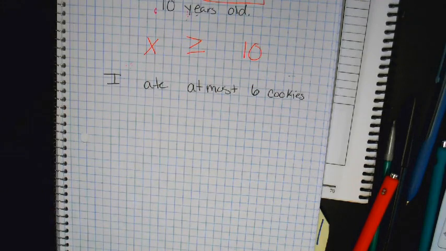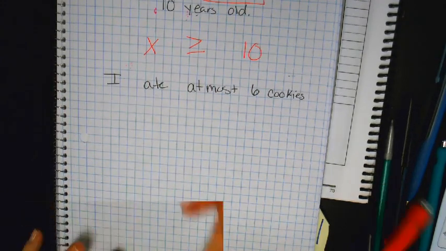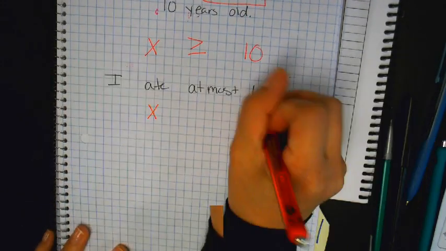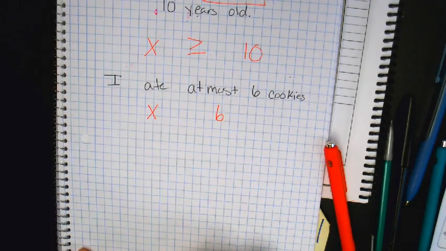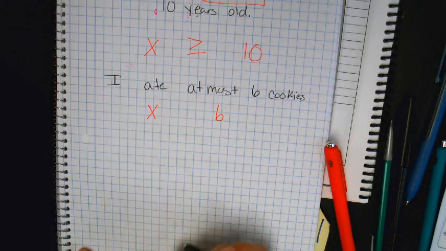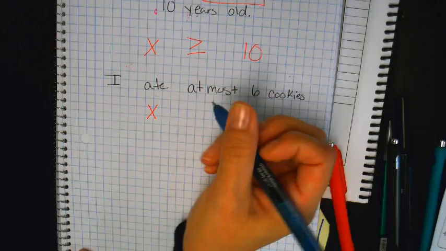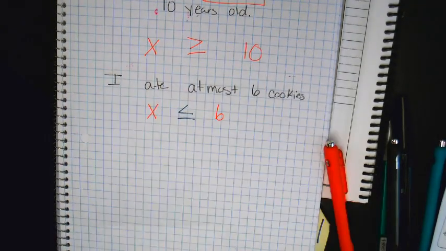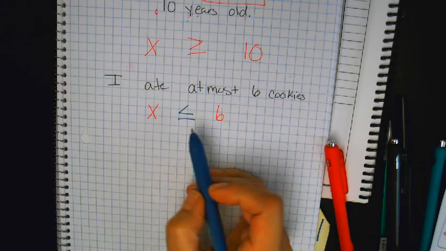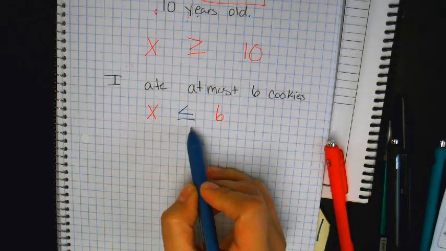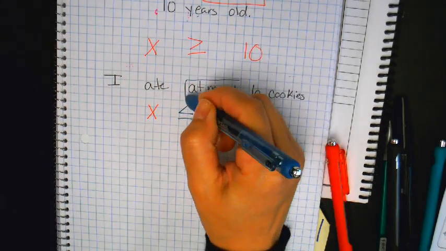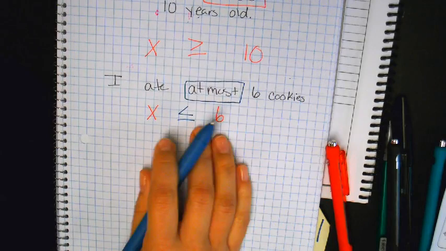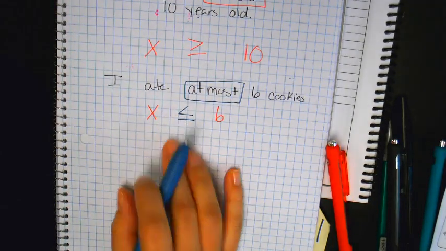At most. So, you know it's X. You know it's 6. At most. So this is pronounced less than or equal to. So I ate at most, so at most is your less than or equal to.